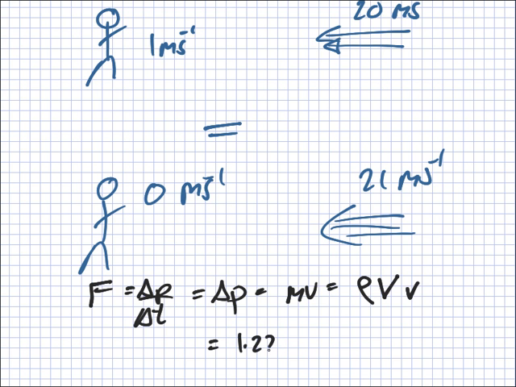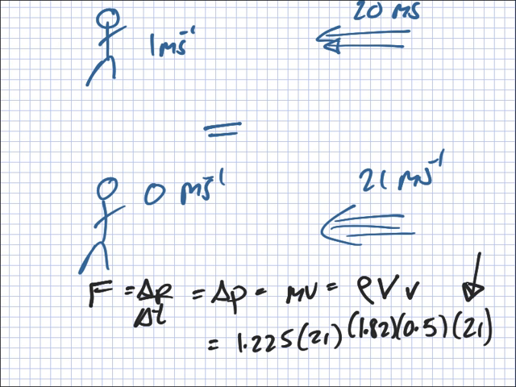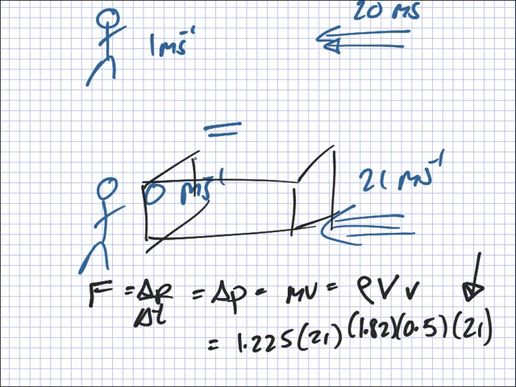So 1.225 times 21 times, now the volume is 1.82, 0.5 and 21. Oh, I lost the 21. I will calculate.